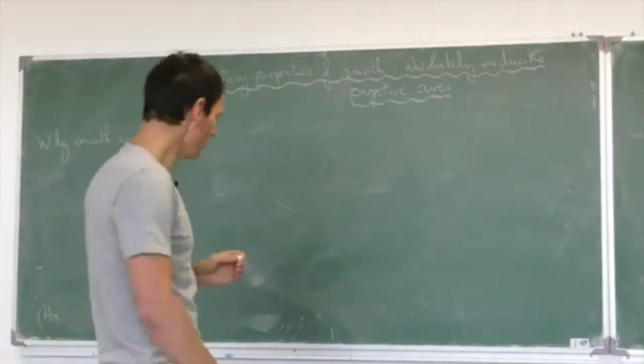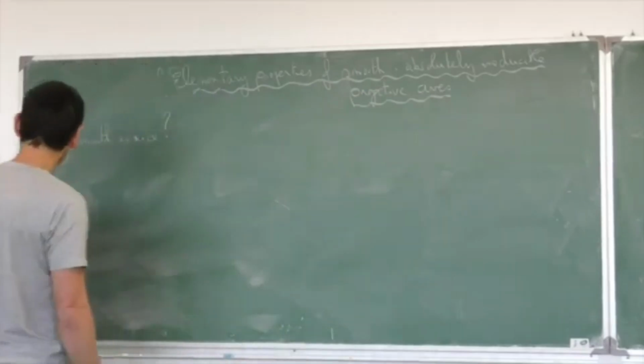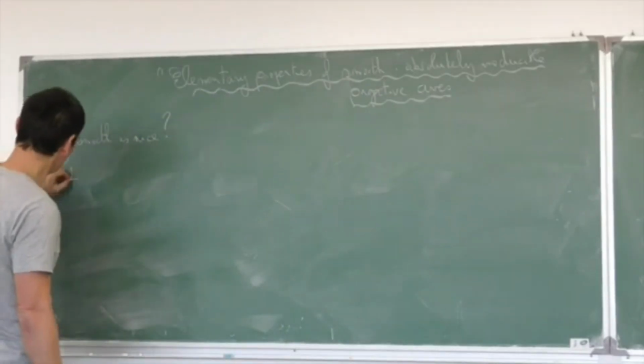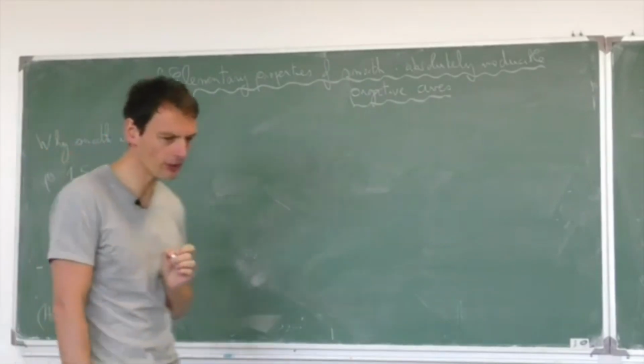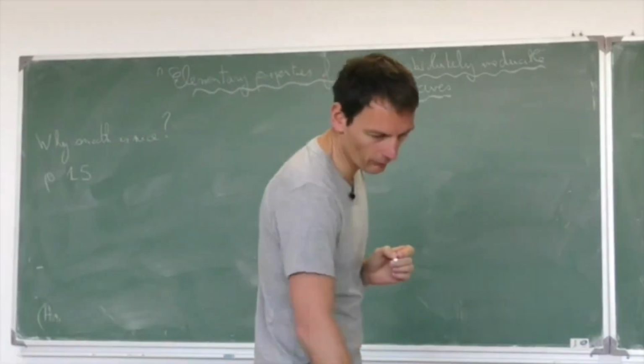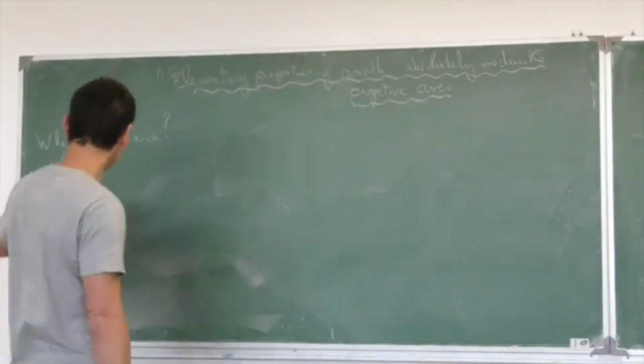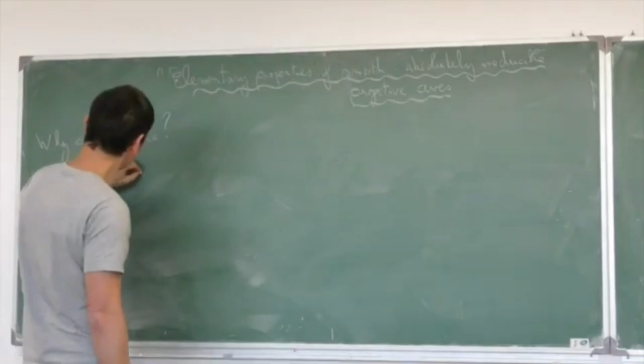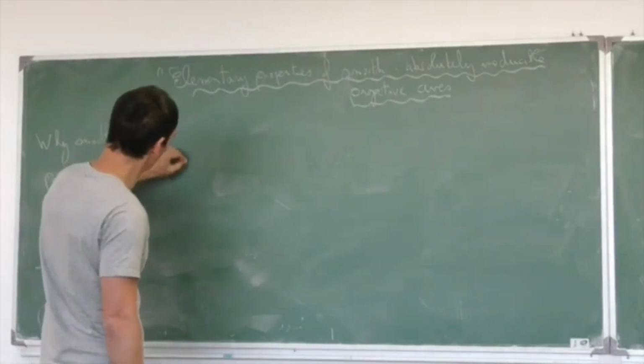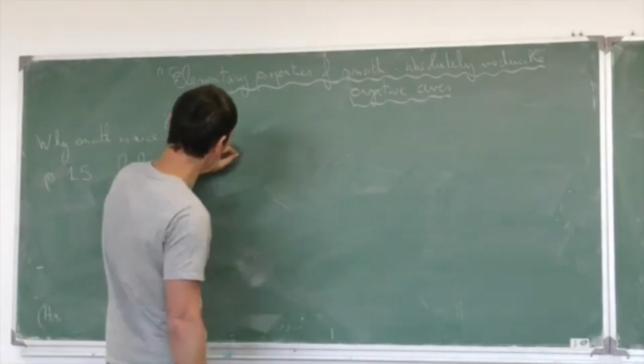If you look in the notes on page 15, we introduce something which is the local ring at the point P in C.